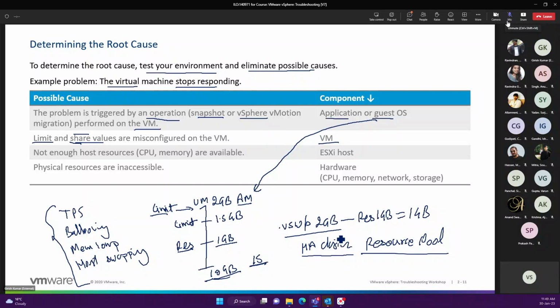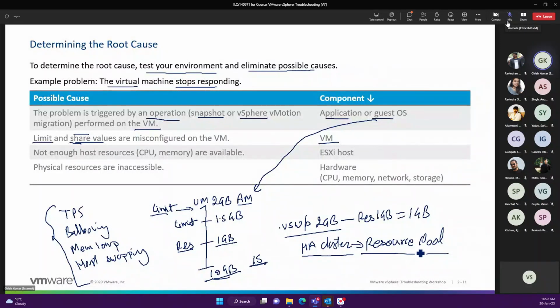How many resource pools can we create in an HA cluster? An HA cluster doesn't support resource pools. People start saying like 250, 200. Either a stand-alone host allows you to create a resource pool, or a DRS-enabled cluster allows you to create a resource pool.